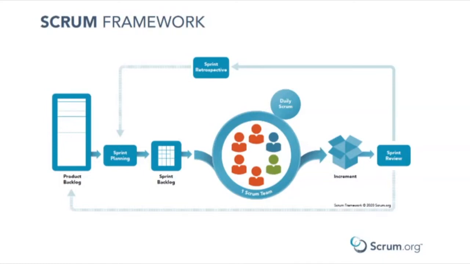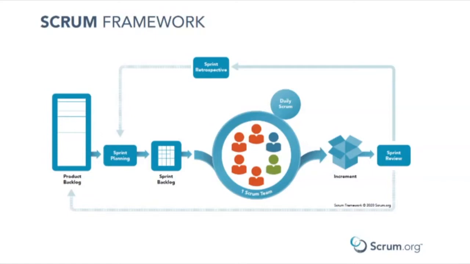Sprint backlog is a plan by and for the developers. It is a highly visible, real-time picture of the work that developers plan to accomplish during the sprint in order to achieve the sprint goal. Increment. An increment is a concrete stepping stone towards the product goal.